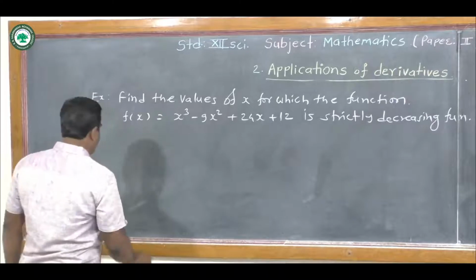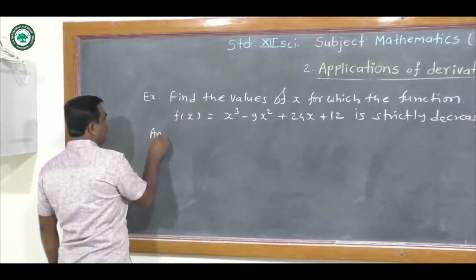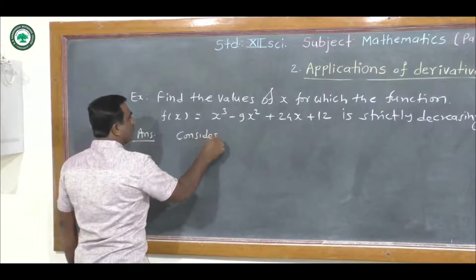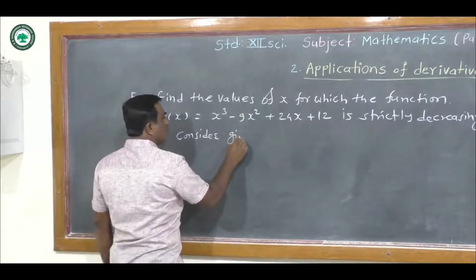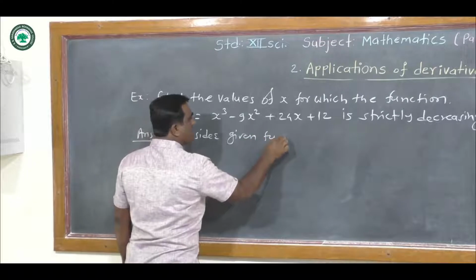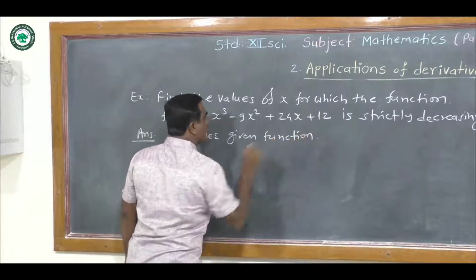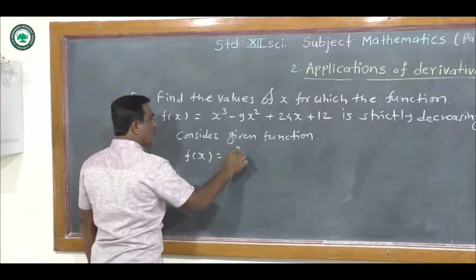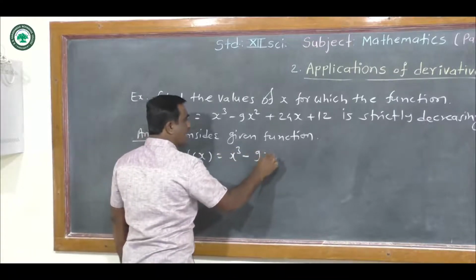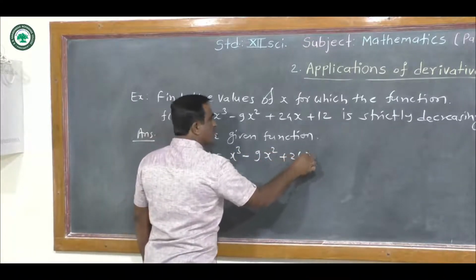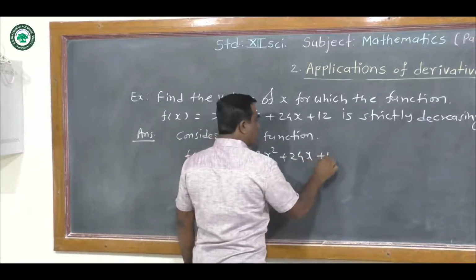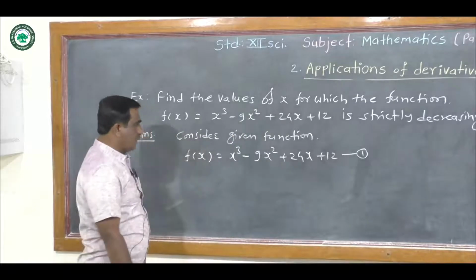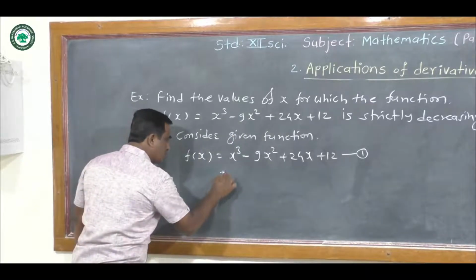Now we see the answer for this example. Consider the given function, that is f of x equal to x cube minus 9x square plus 24x plus 12. Say this as equation number first. Now differentiate this equation with respect to x.